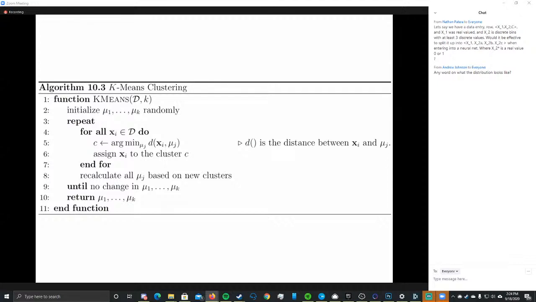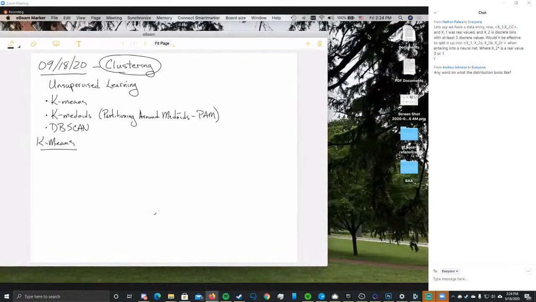All right, I need to make a point. When we compare k nearest neighbor to k means, this and this are not the same thing.